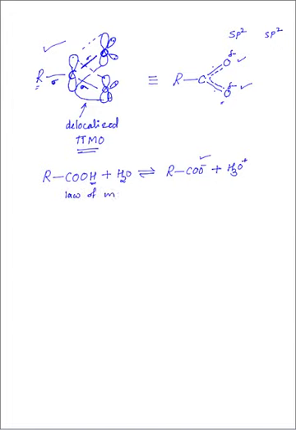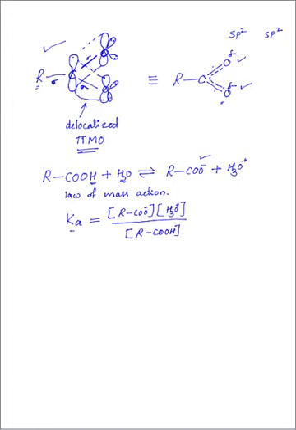On applying the law of mass action, there is a Ka, that means the dissociation constant of the acid. It can be written as the product of the concentration of ions, RCOO minus and H3O plus, to the concentration of the acid, RCOOH.